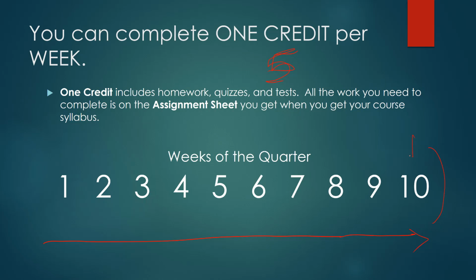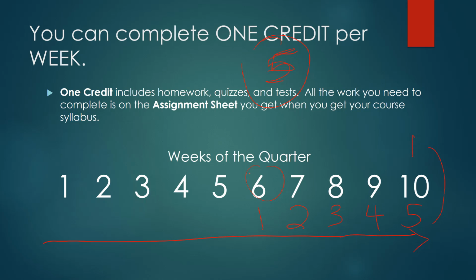So in order to complete all 5 credits, you need to start no later than week 6. In week 6, you could complete credit 1, credit 2, credit 3, credit 4, and credit 5. If you start after week 6, you won't be able to complete all 5 credits. This is really important. If this is not clear to you, please sit down with one of our advisors and have them explain it to you again.